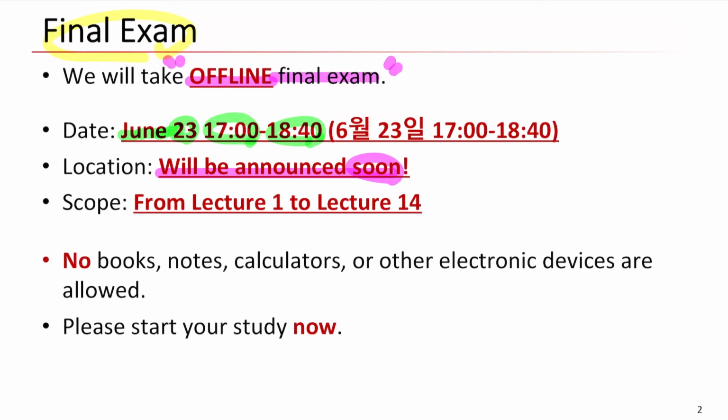In our case, we have 10 students, so we might need two more rooms for the final exam. We are organizing this now, so we will announce the location soon.